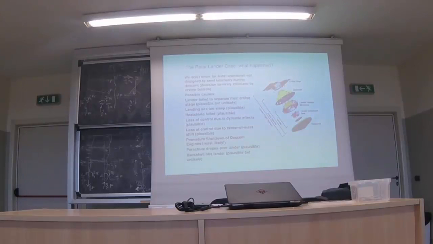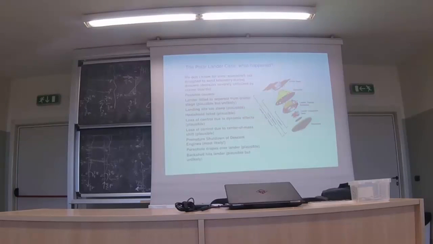Okay, it's plausible, but if you have searched for the landing site for so many times, it's unrealistic. The heat shield failed. Okay, plausible too. It happened many other times that the heat shield didn't manage to deliver the actual protection to the instrument.